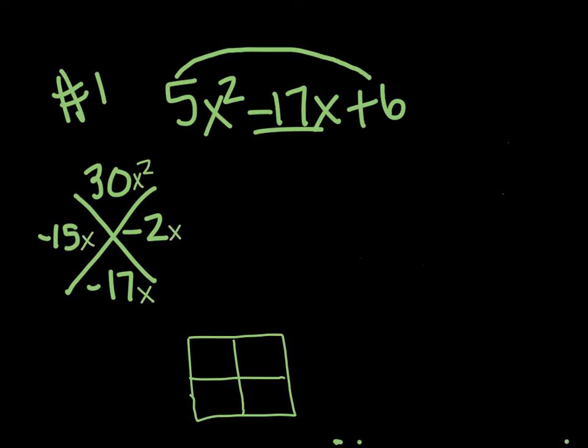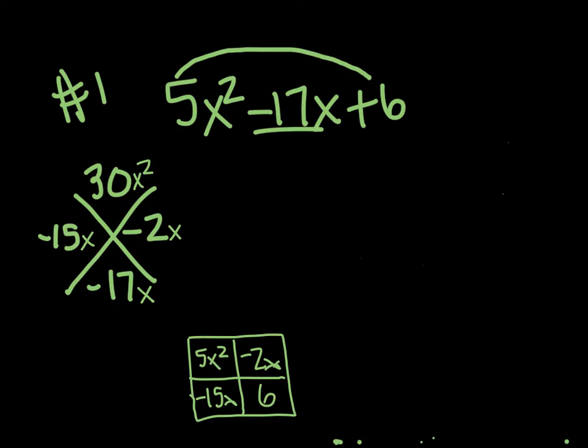So what goes in your boxes is what you guys found. So in this corner you're going to put negative 15x and negative 2x. And your first and last term go in the other two boxes. So 5x squared and 6.